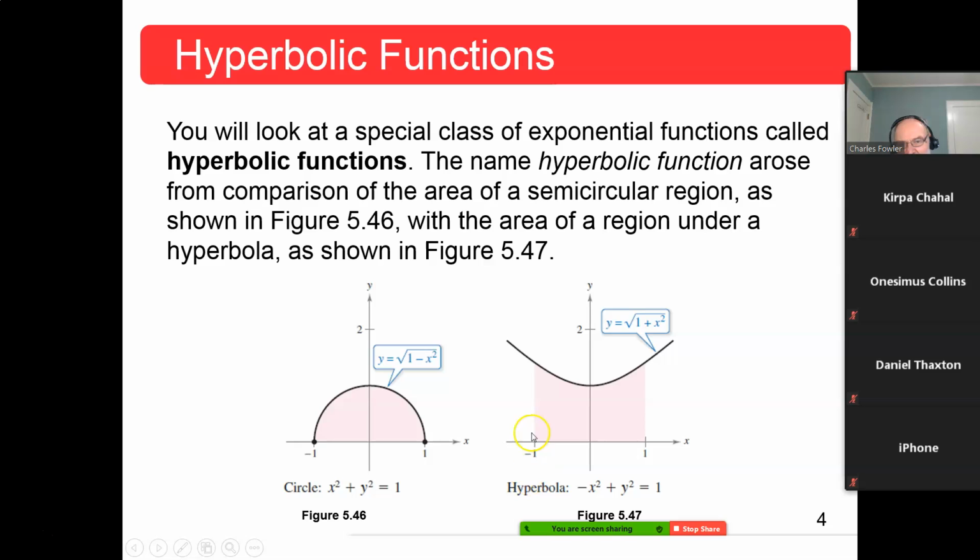We're not dealing with that, only the upper. So the positive square root here too. Same thing, add x squared to both sides, take the square root, and you get the square root of 1 plus x squared. The area under that, I guess, is what they're suggesting is related to the area here.